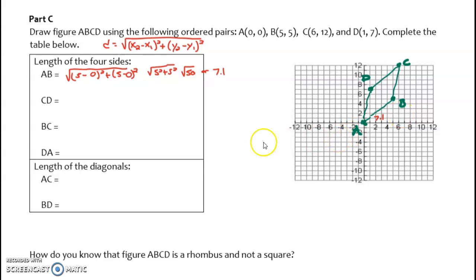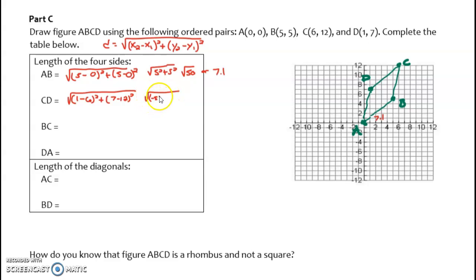All right. Let's go ahead and do CD. So moving on to the next pair. So CD. So now we're going to do the top side. Going straight by the formula. All right, CD. So I got 1 minus 6 for the x's plus 7 minus 12 squared. So 1 minus 6 is going to be what? Negative 5?